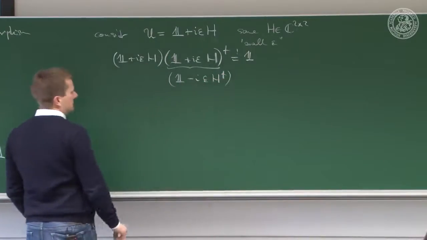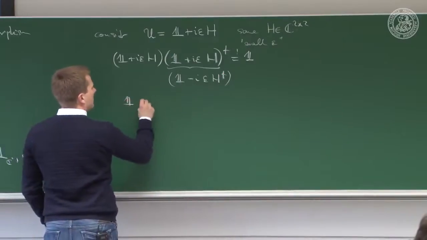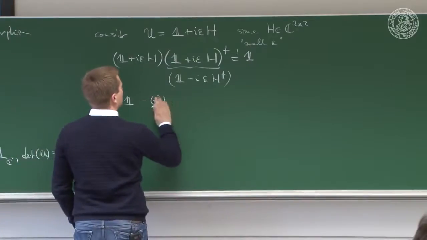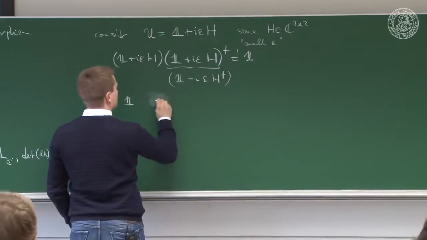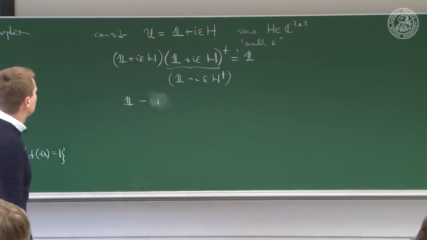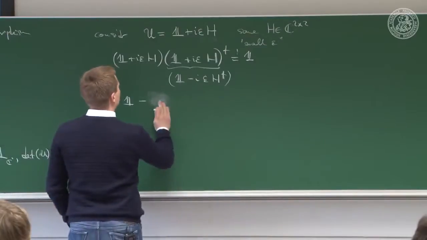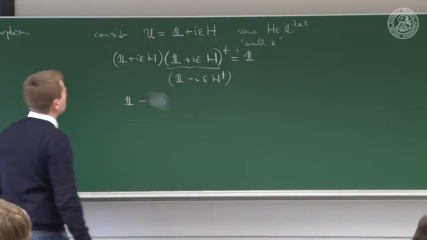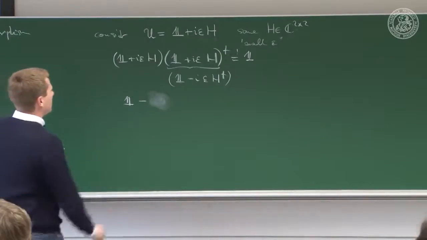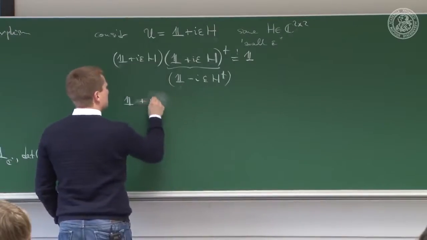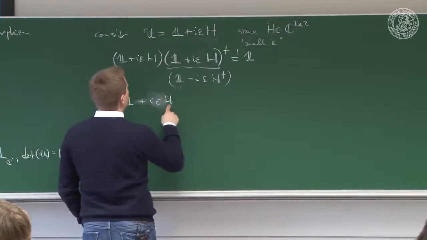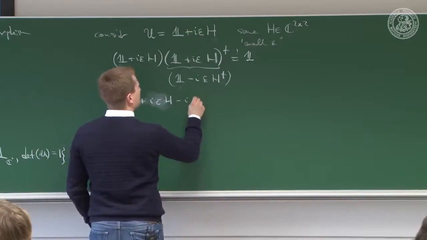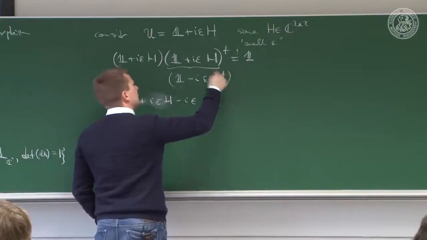And now you might use the binomial theorem, but it's not the binomial theorem, because there's an h dagger and there's an h.